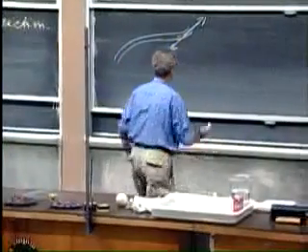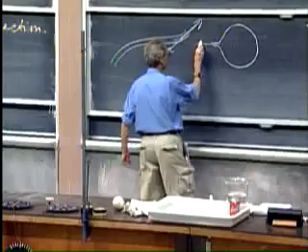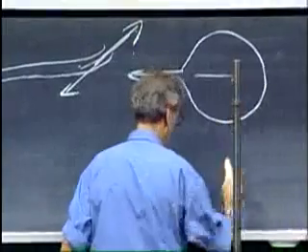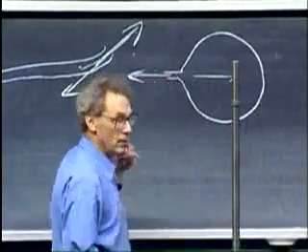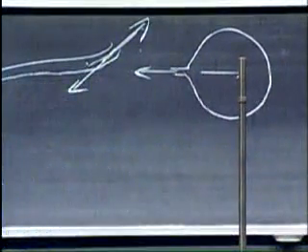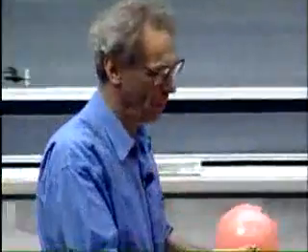You take a balloon and you blow up the balloon. And you let the air out. The balloon pushes onto the air, so the air must push onto the balloon. And therefore, when you let it go, the balloon will go in this direction, which is the basic idea behind a rocket. I love to play with balloons, don't you?